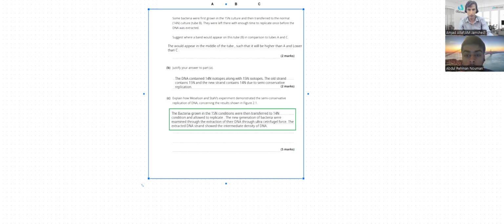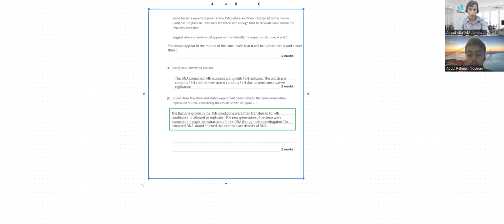It's a technique in which we are using centrifugal force, but the actual name is ultracentrifugation, and the extracted DNA showed intermediate density.